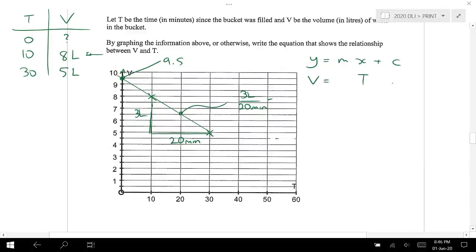So we just replace those letters, and our y-intercept we found to be 9.5 by just extending that line back between the 2 points, and our gradient we found to be 3 over 20.